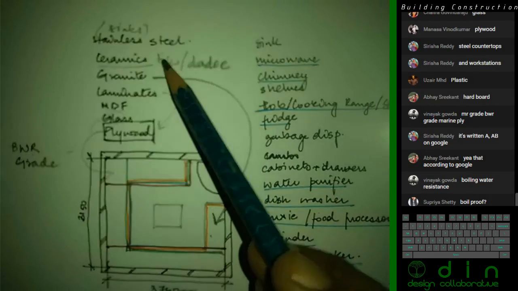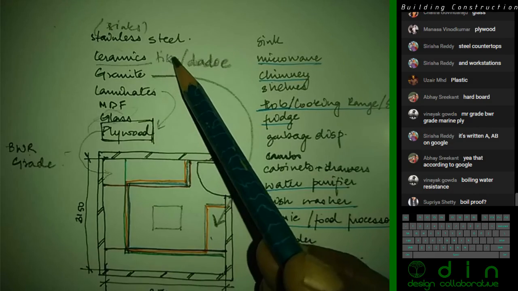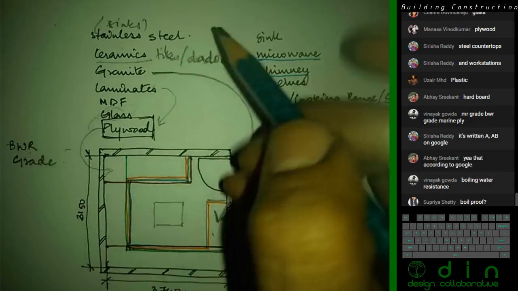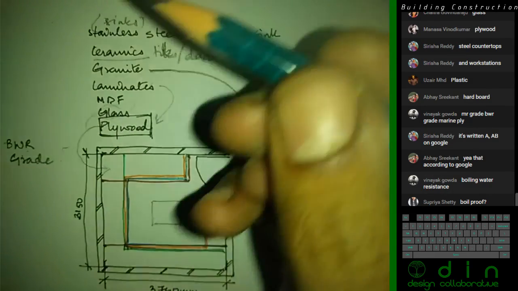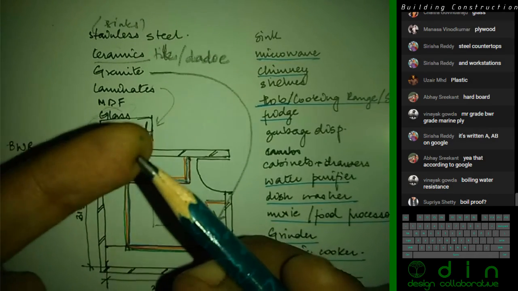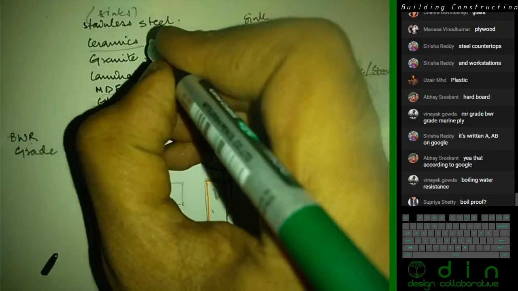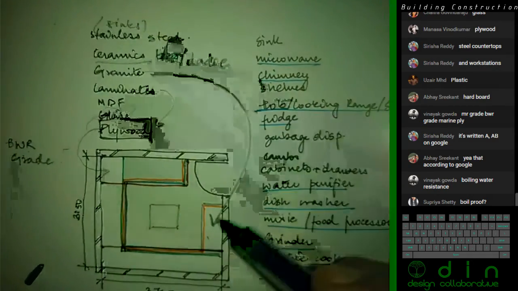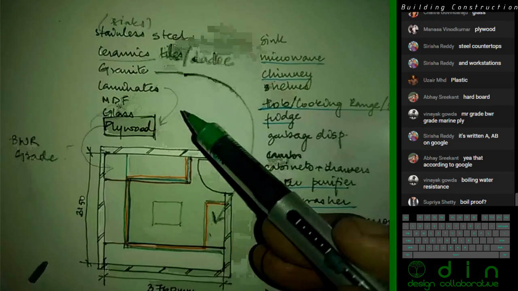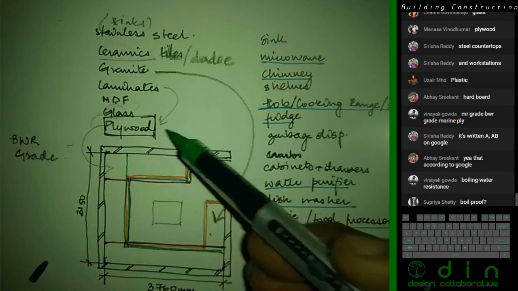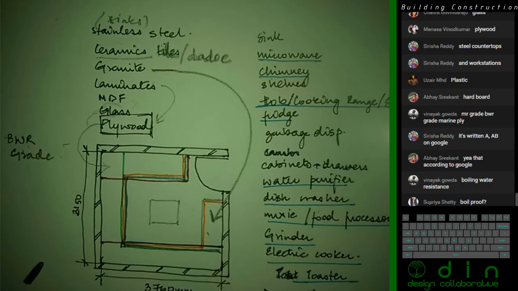Ceramics, we use for tiles and dado. Is this annoying or no? Tiles, dado, granite we use for all the counters. Laminates go on top of the plywood, and the plywood is used everywhere. Right?